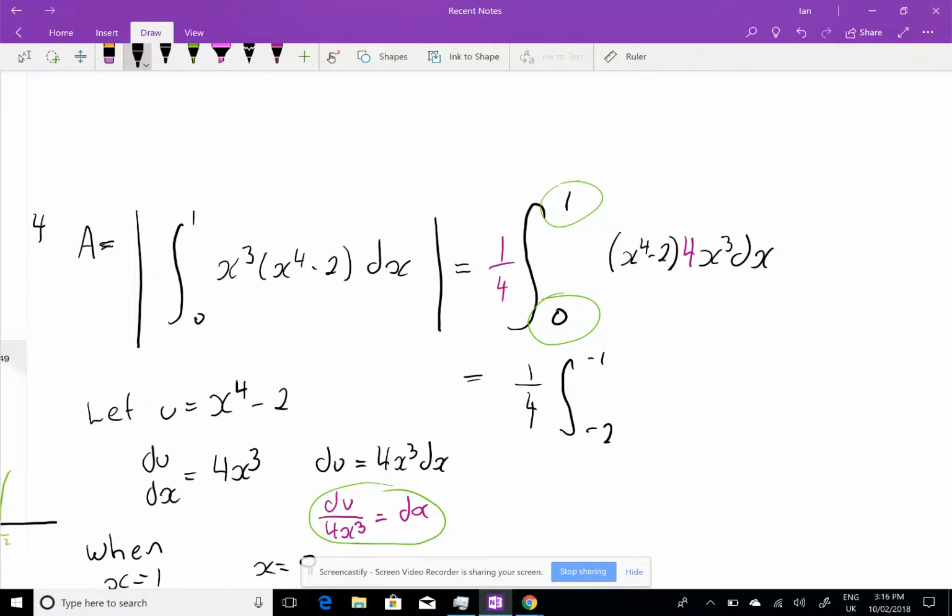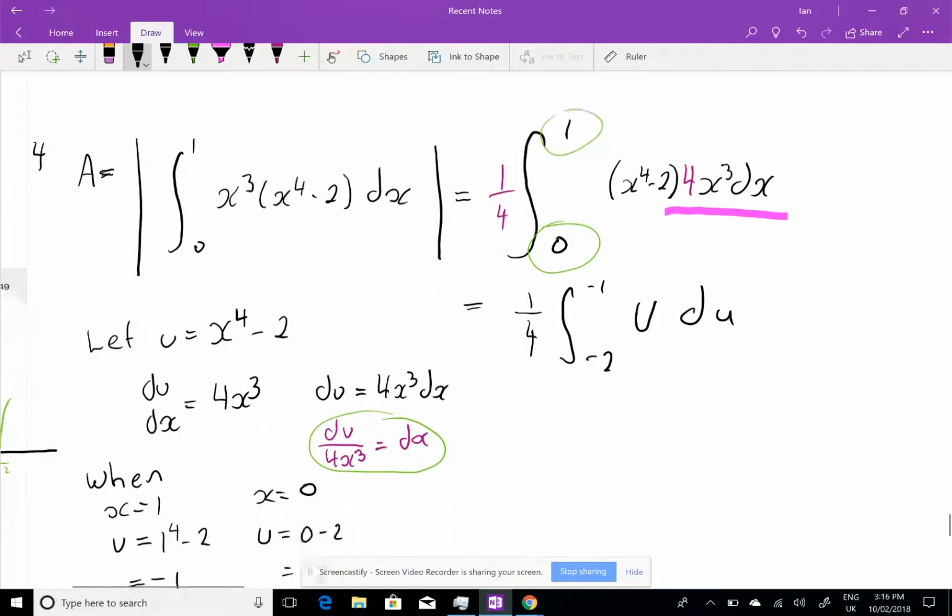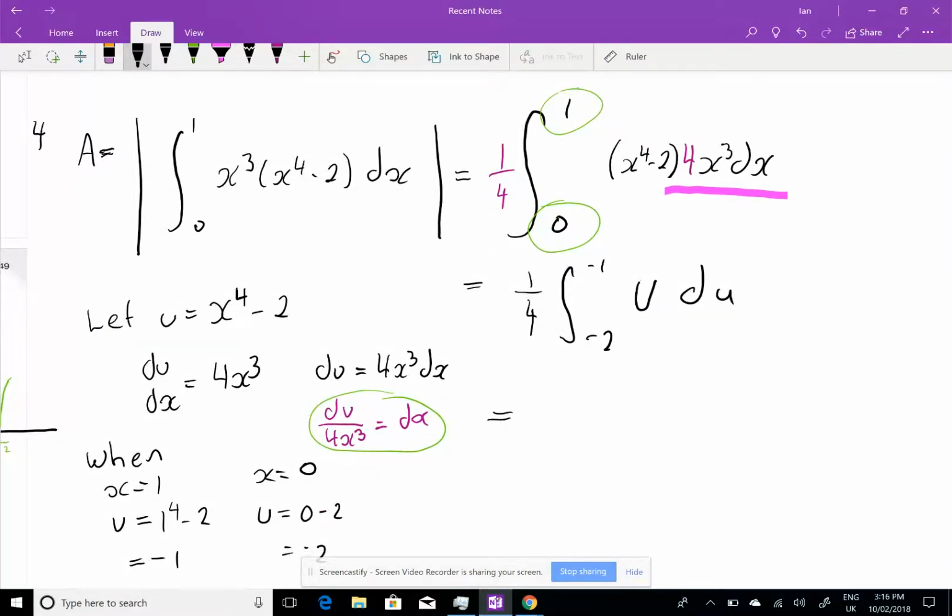So now I've got that. Now I can go, well, that's going to be u, and 4x cubed dx, well, that's du. So u du. And now my parameters make sense. So equals, forgot my absolute values. I would have realized that when I got to the end, a quarter.